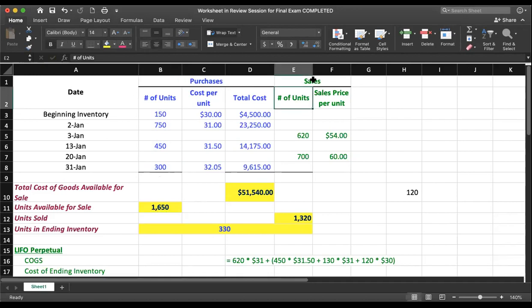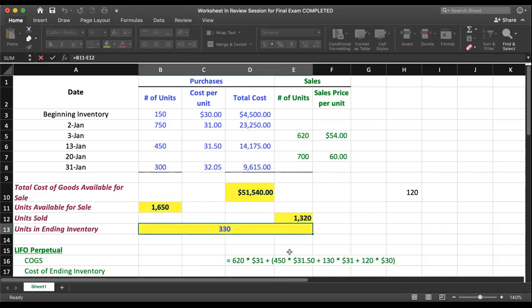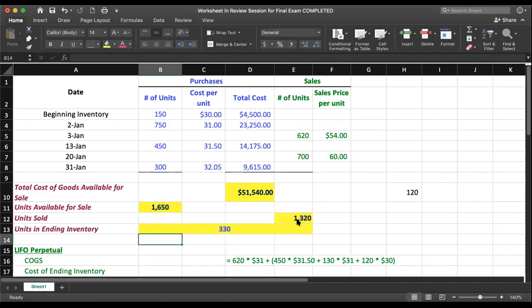And then the units sold, well, they had 2 sales, 620 and 700, so that's a total of 1,320. And then the units in the ending inventory, let me just put it this way. It will be what was available to sell minus what was sold. So this is what's left, 330 units.